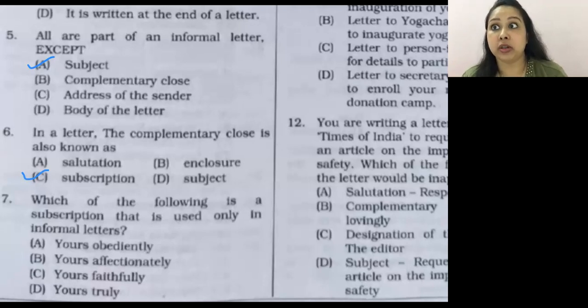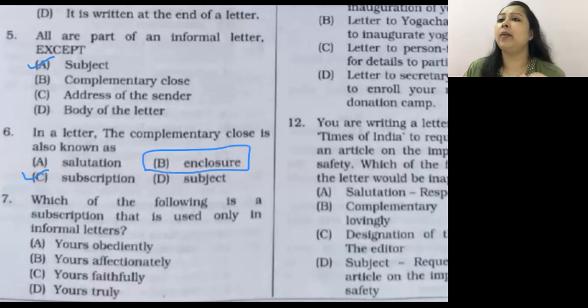This is subscription. Now, Dhruv has told me the answer as enclosure. Dhruv, specifically for all of the SSC students, remember, we used to write the job application letter, which we had done when we were doing the chapter Connecting the Dots, the Steve Jobs chapter. And you had to write the entire letter. The last part of the letter was enclosure, where you said, enclosed with the letter is my curriculum vitae and the photocopies of the mark sheets.